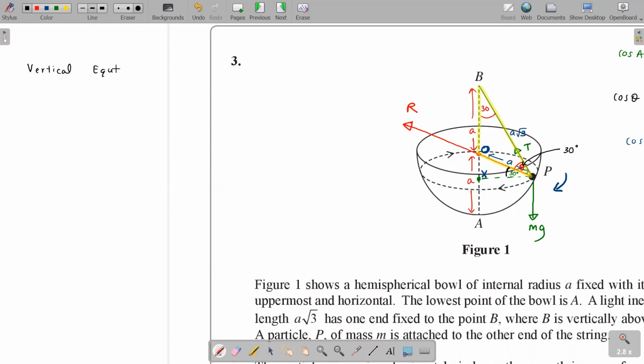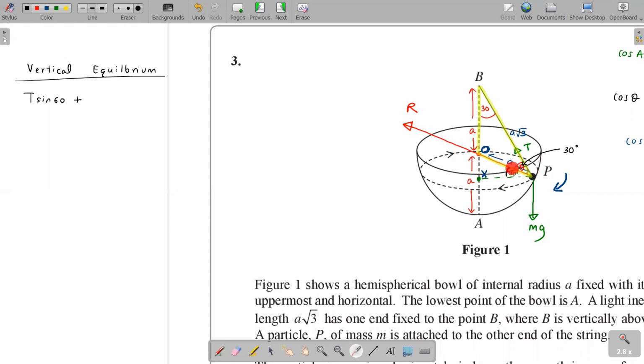For vertical equilibrium, you will have to resolve two forces: you have to resolve the T and you have to resolve the R. So T, how do we resolve it vertically? This big angle is 60, right? So T sine 60. T sine 60 plus, what about the R?